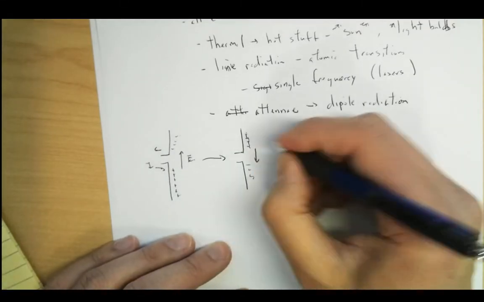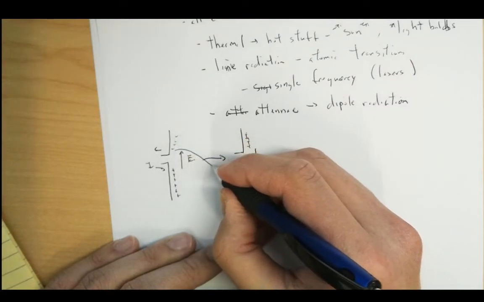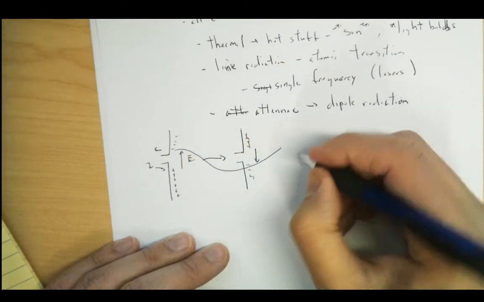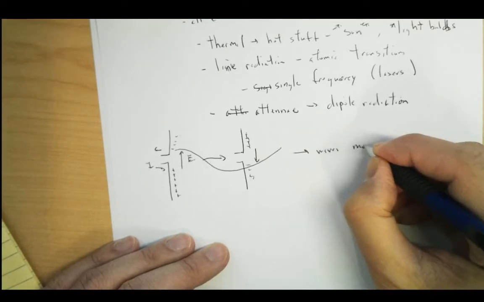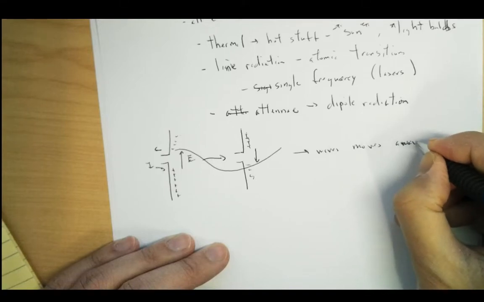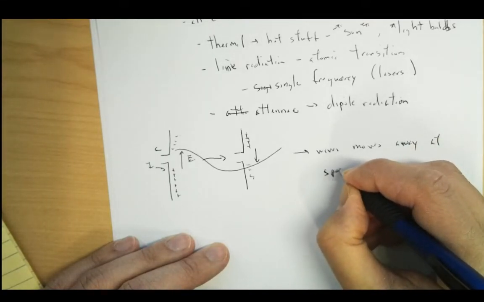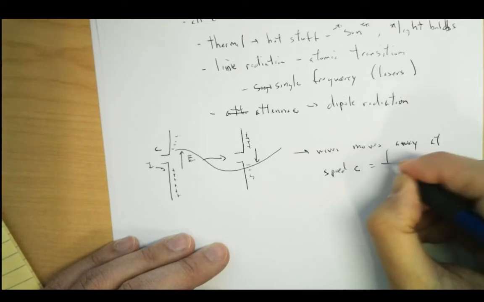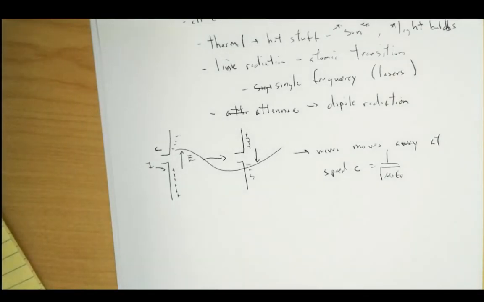So now if you switch them back and forth, the wave comes out like that, and this wave moves away at speed c, which is 1 over square root of mu 0 epsilon 0, which is also the speed of light.